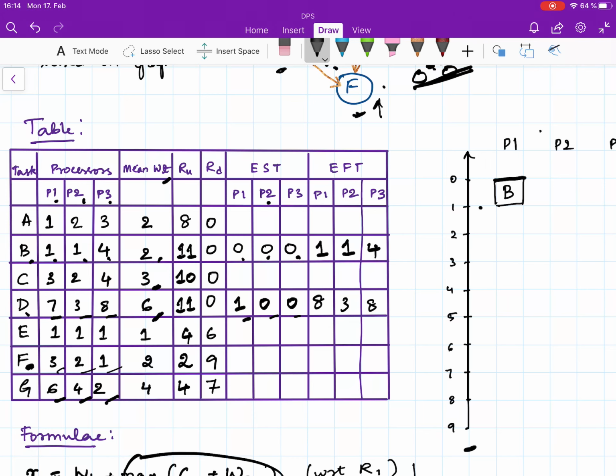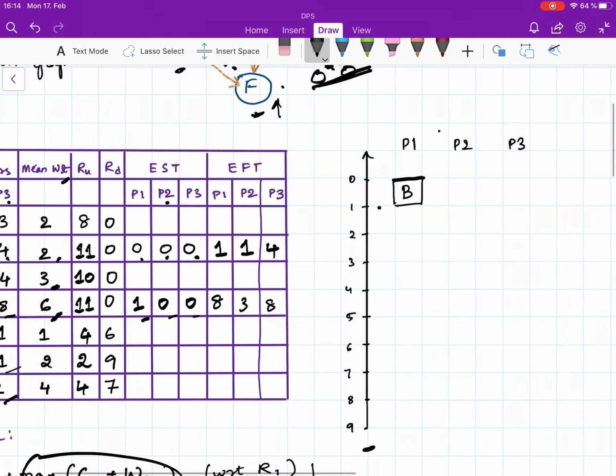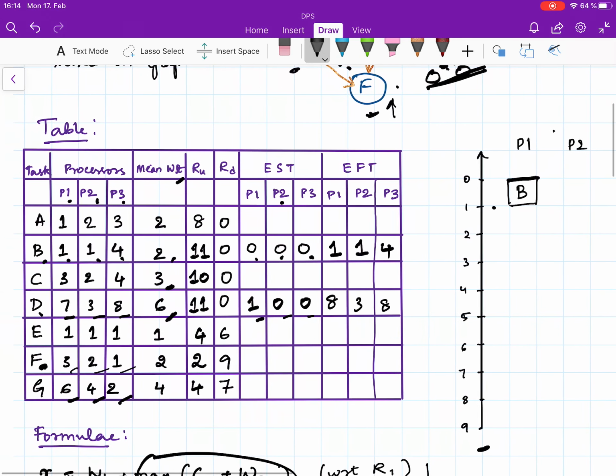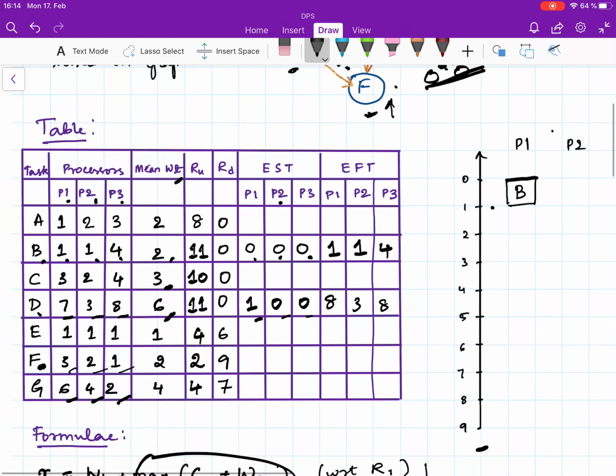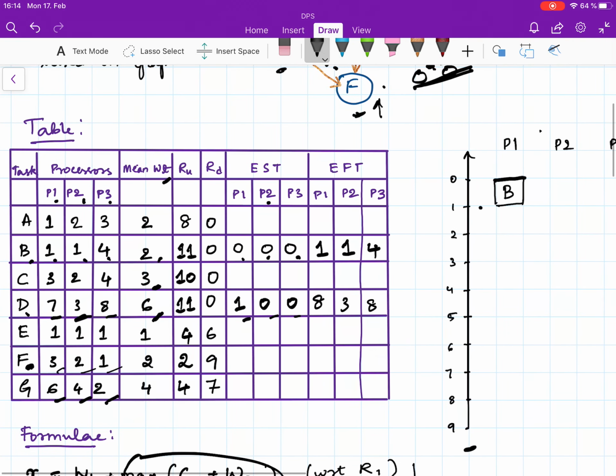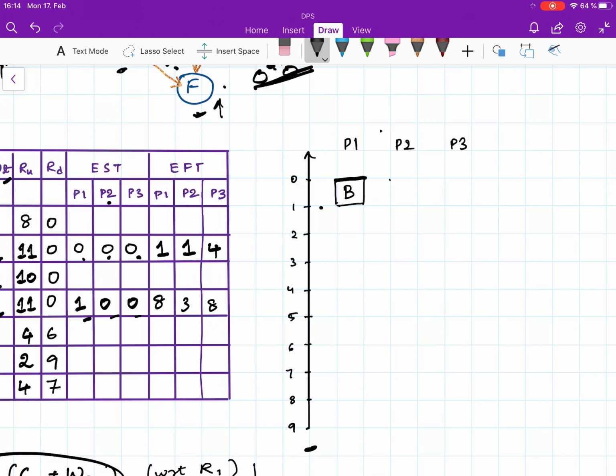So you can schedule this on P2. So D goes here on P2. So how many units of execution does it take? On P2 it takes 3. So add 3 here. 1, 2 and 3. So this is D.